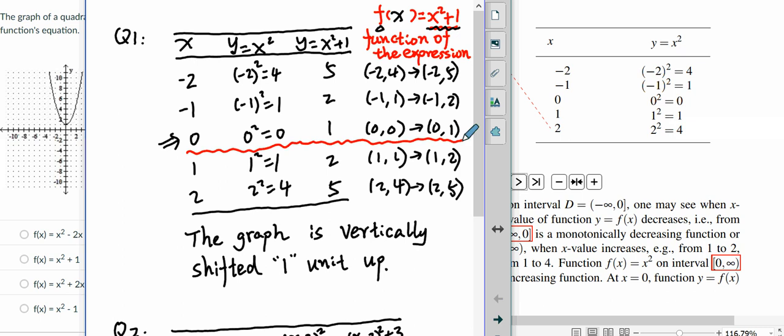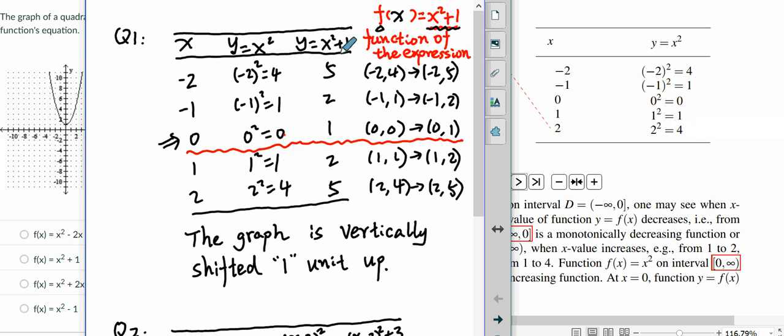So this tells us the expression will be x squared plus 1. So for each value previously, you are here for x squared, like the one here. If you add 1, simply you add 1 to the previous value. 4, 1, 0, 1, 4.